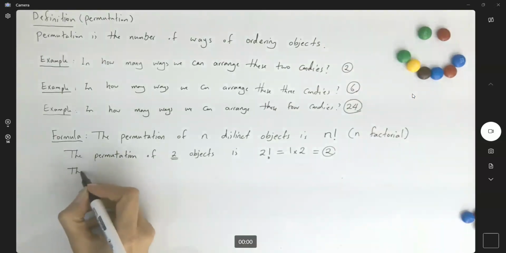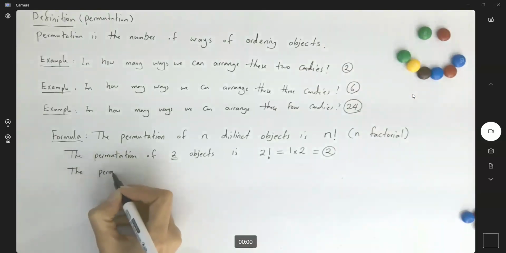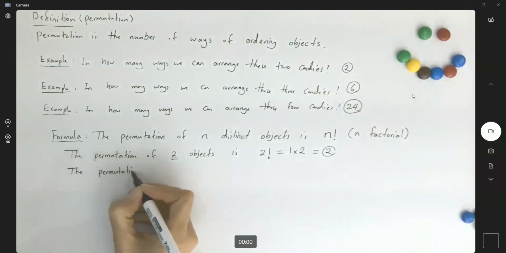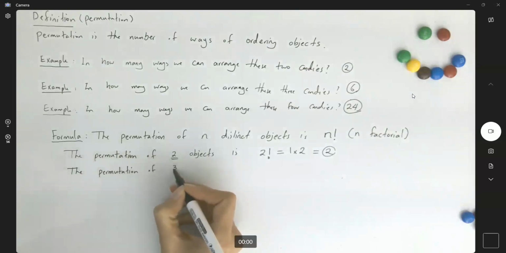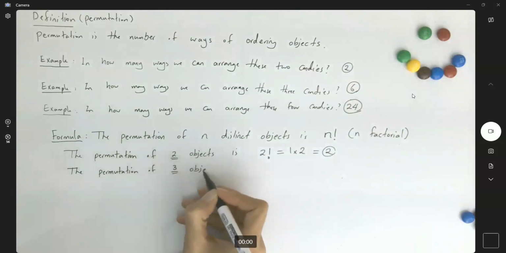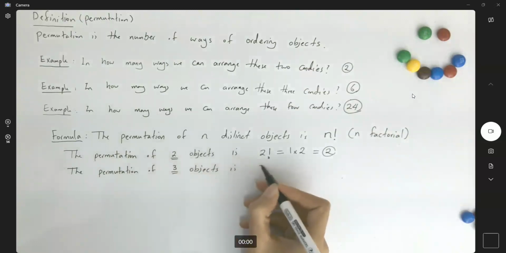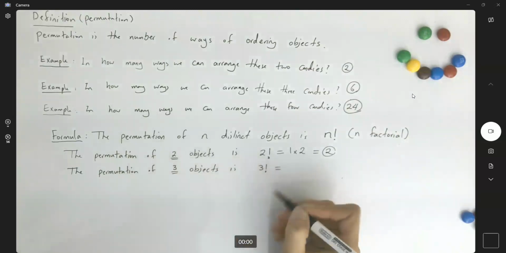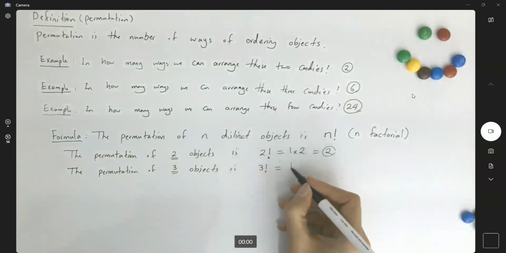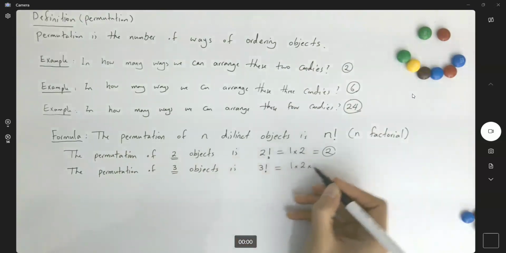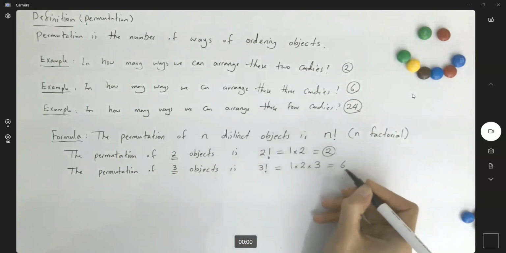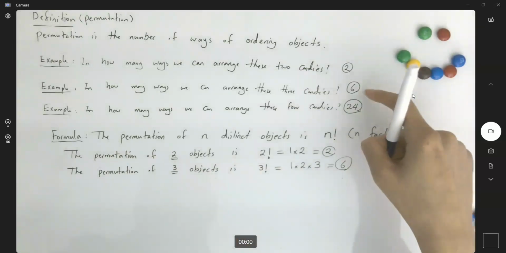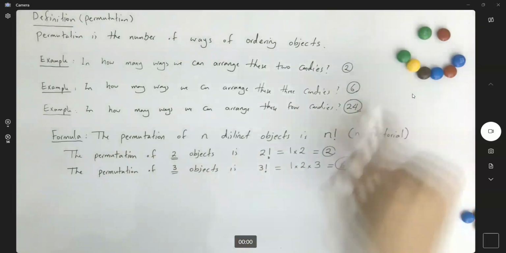The permutation of 3 objects is 3 factorial, which is defined as 1 times 2 times 3, which is 6. We already saw one example here.